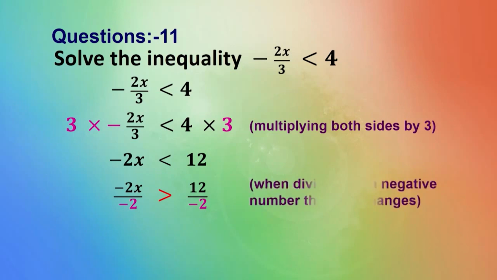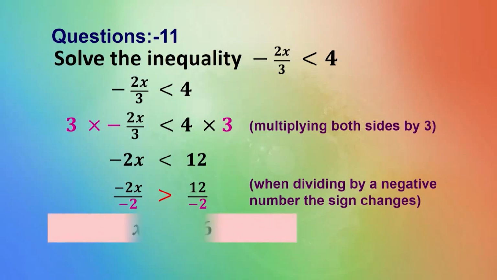Important fact. Do you remember that? When dividing by a negative number, the sign changes. Then the left side is x > -6, because 12 divided by -2 is -6.